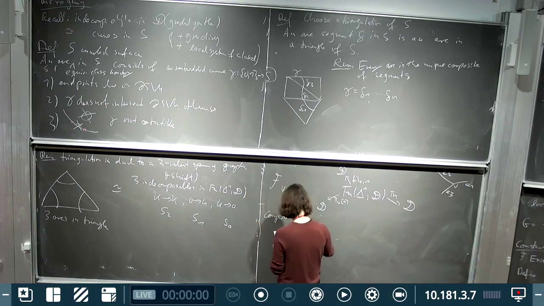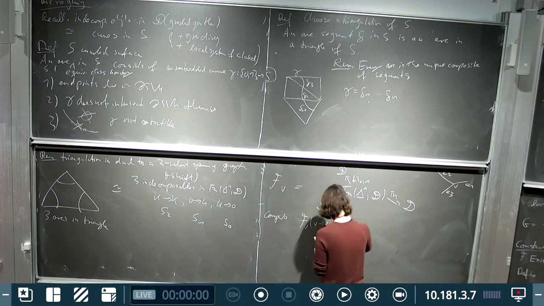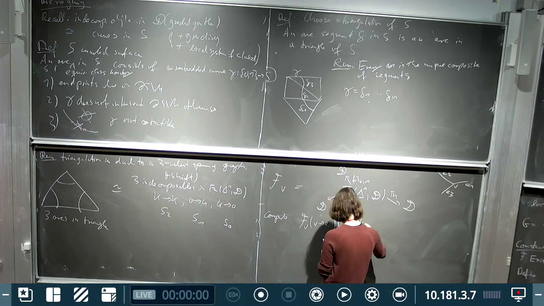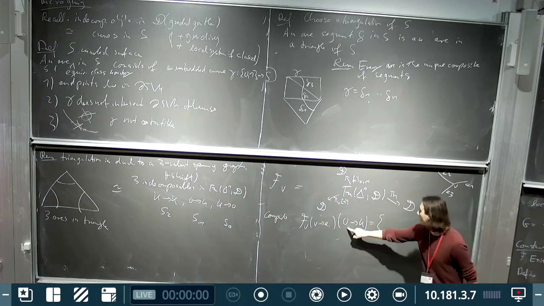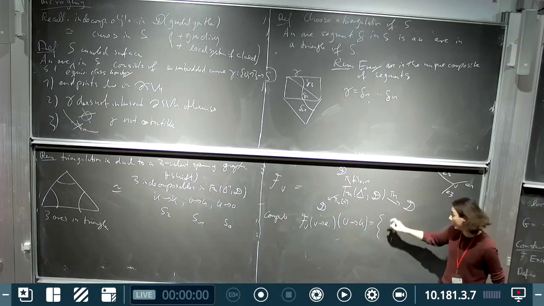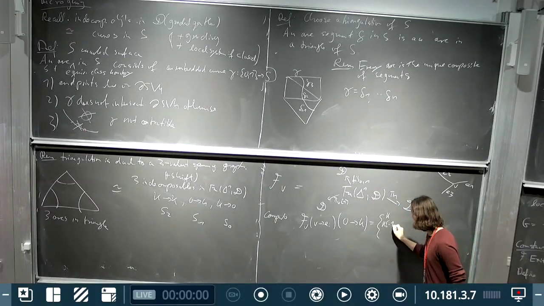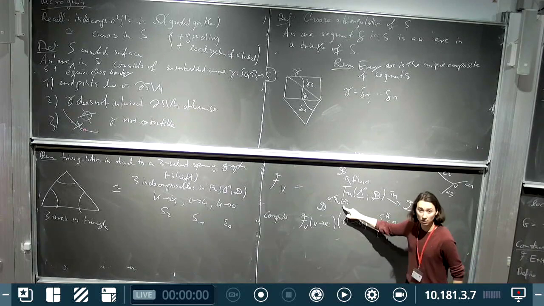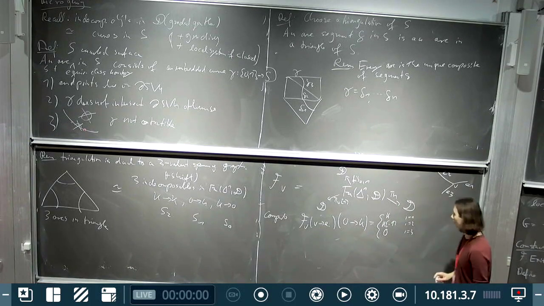So if you take F_V from V to E_i of, say, 0 to k: if I take pi 1, I get k. If I take the fiber, I get k shifted by minus 1. And if I take pi 0, I get 0. So this is i equal to 1, i equal to 2, i equal to 3.